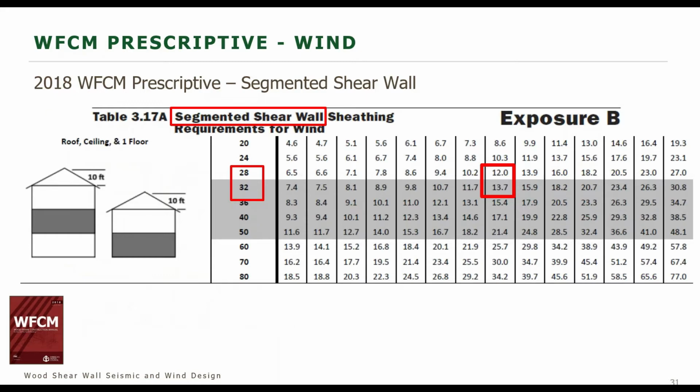So the first thing we do on the prescriptive approach is go into table 3.17A. And this gives the length requirements for full height sheathing in segmented shear walls. So we have tabulated wind speeds.